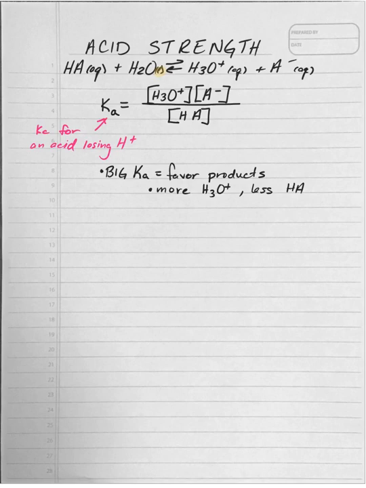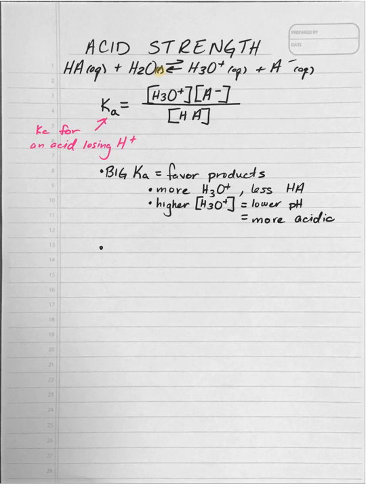If the H3O+ concentration is higher, then it's going to be more acidic. We saw this when we learned about pH. Higher H3O+ concentration is going to equal a lower pH, and it's going to mean it's more acidic. So a big Ka leads to a more acidic solution.